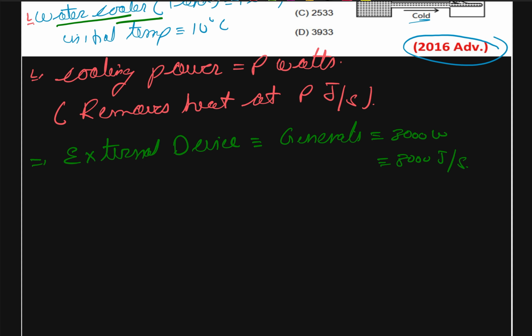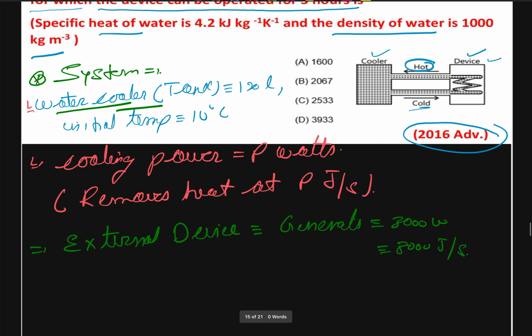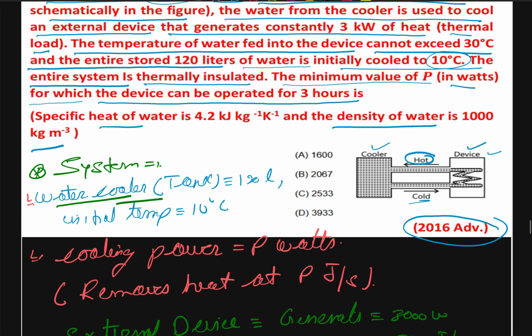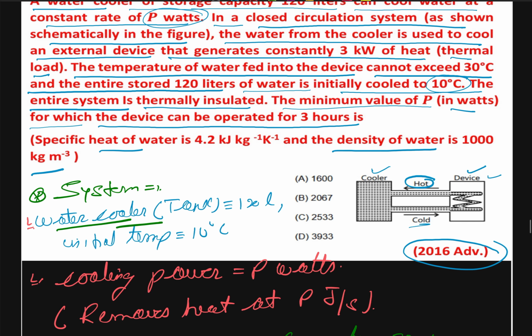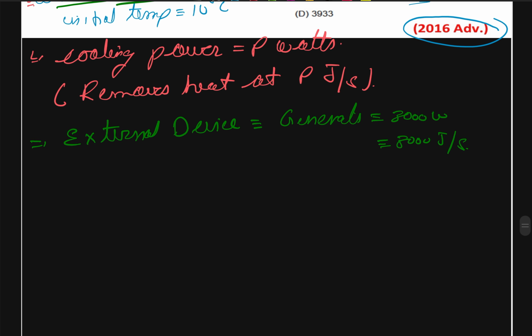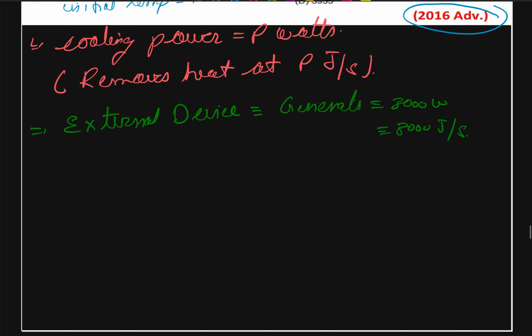And it is given that the temperature entering the device should always be less than or equal to 30 degrees centigrade. That is a basic constraint.